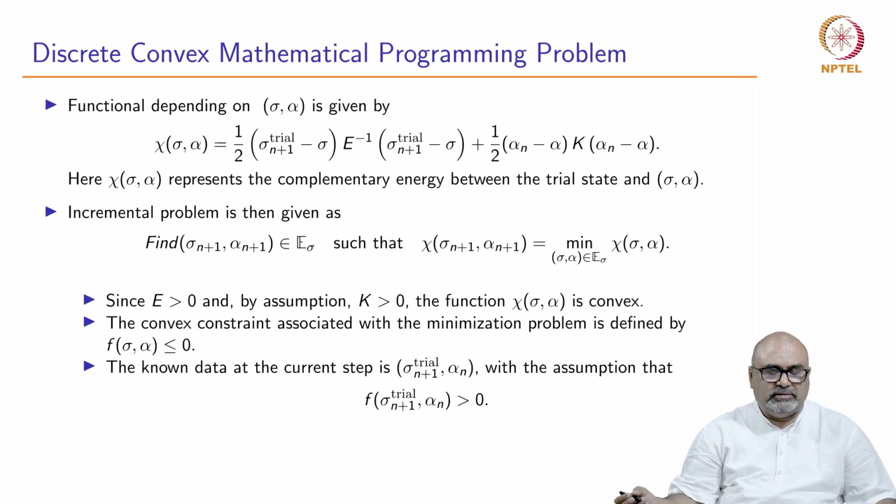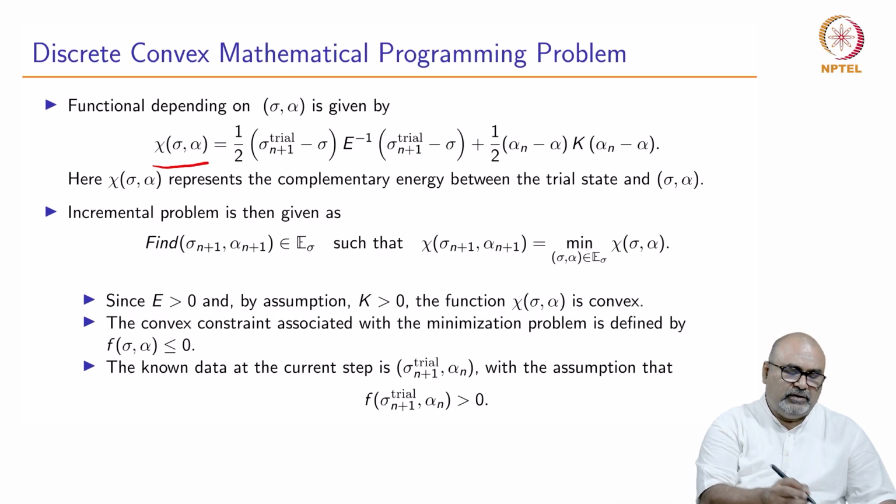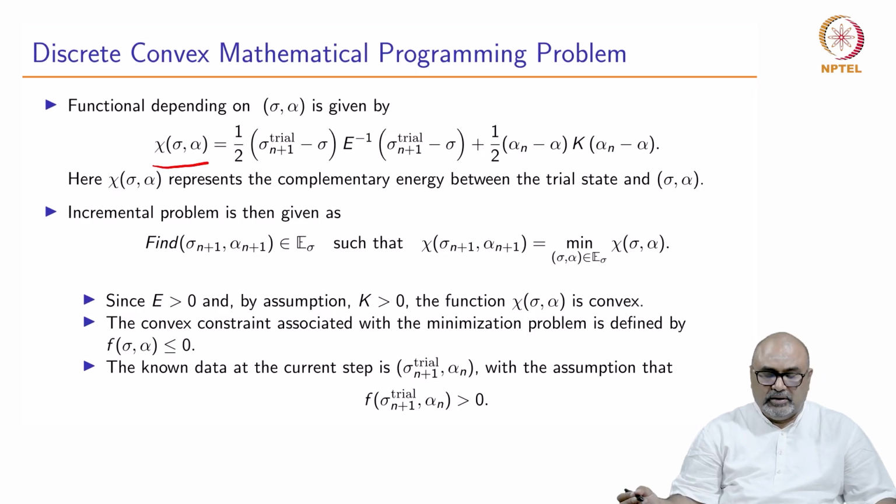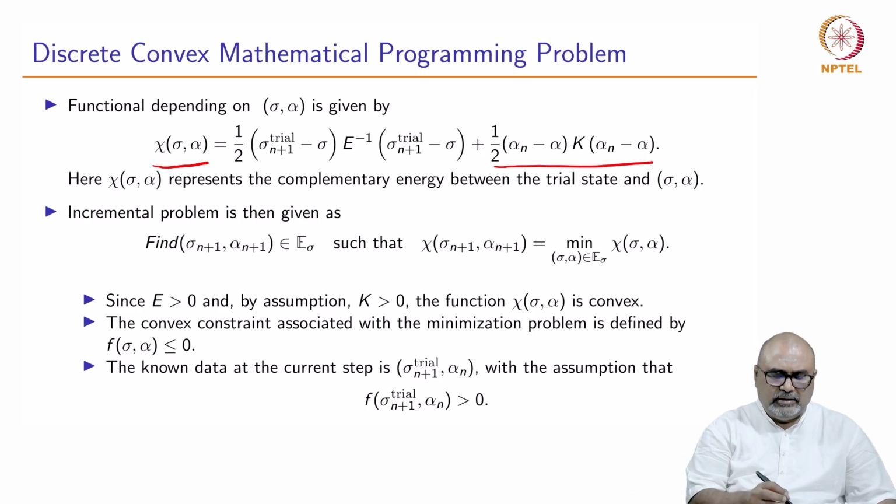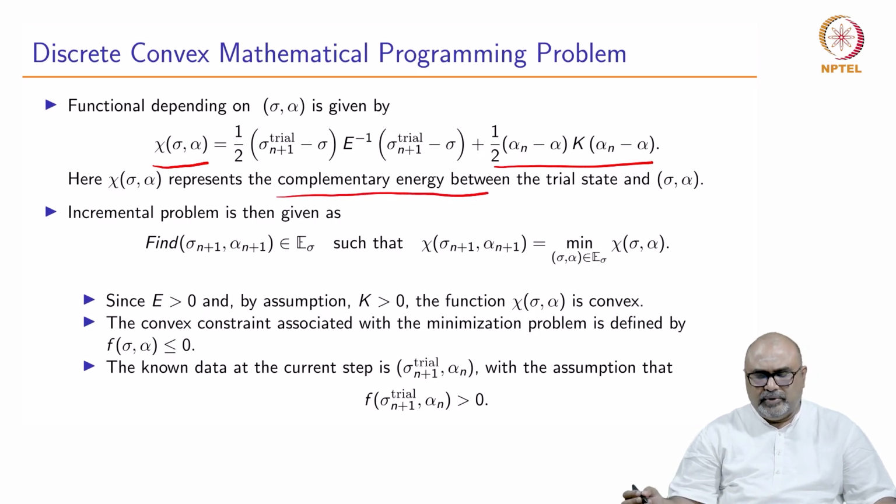The functional depends on sigma comma alpha, and that functional is defined as chi of sigma comma alpha, which is defined in terms of the trial state and the trial values of the hardening function, and chi of sigma comma alpha represents a convex complementary energy between the trial state and sigma comma alpha, the actual state.